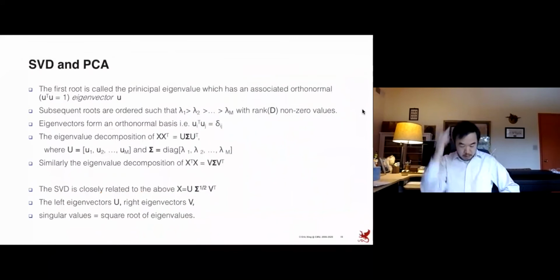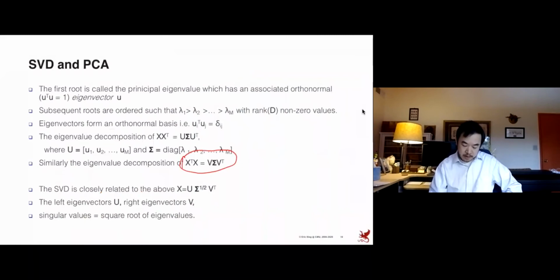Remember, everything starts from here, right? So this one leads to a singular value decomposition. Principal component analysis is a matrix decomposition of the square matrix.